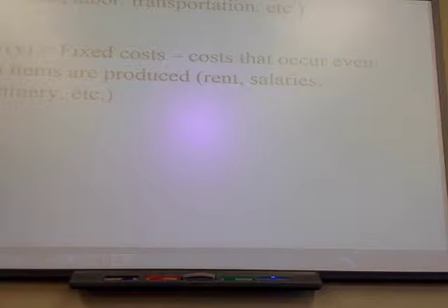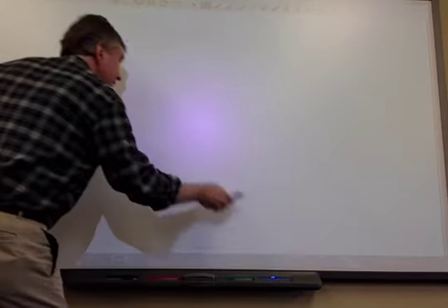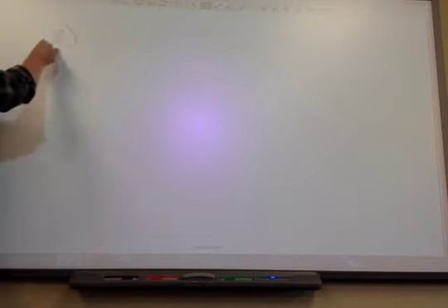So if we simultaneously were to start working number 18 on page 85, let's start with the cost function. It says, a manufacturer has a monthly fixed cost of $100,000 and a production cost of $14 for each unit produced. Part A says, what's the cost function?